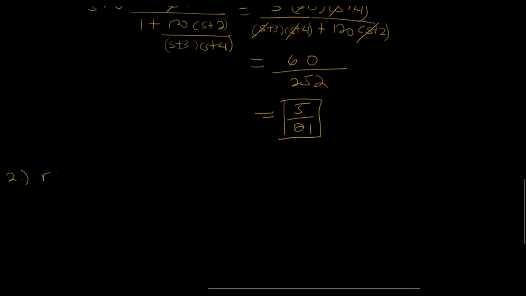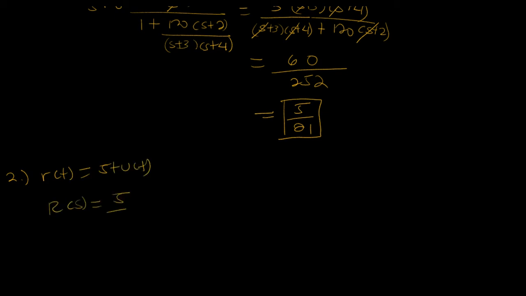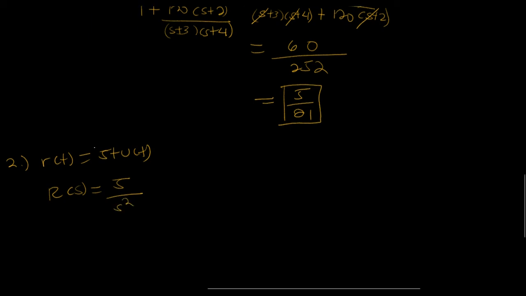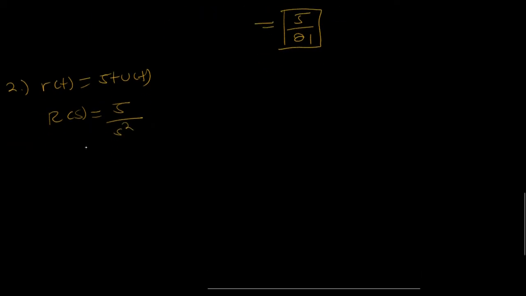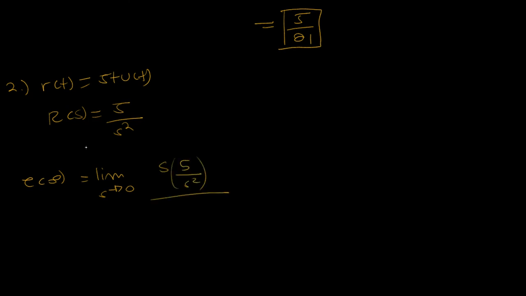Next, r(t) equals 5tu(t). So, R(s) equals 5 over s squared. Ganun pa rin. E infinity equals limit as s approaches 0, s times 5 over s squared, over 1 plus G(s), 120(s+2) over (s+3)(s+4).